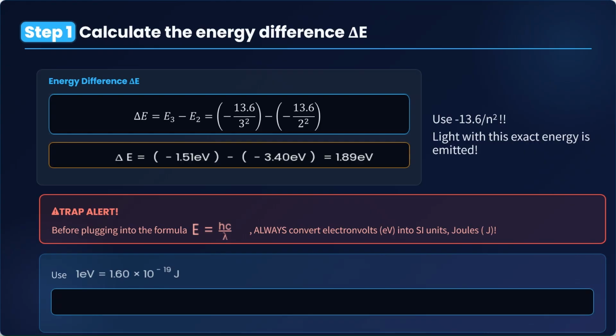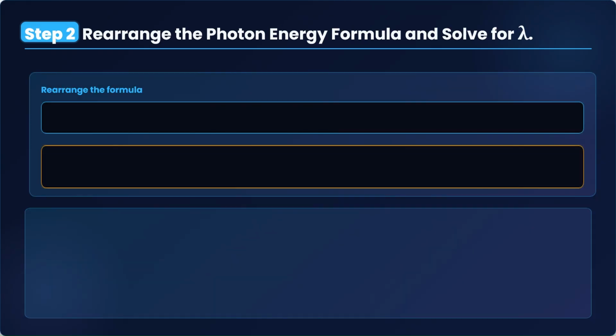So, delta E equals 1.89 times 1.60 times 10 to the power of negative 19 joules, which is approximately 3.024 times 10 to the power of negative 19 joules. Now we are safe.